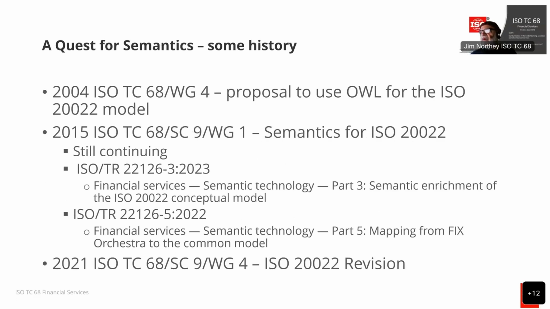We're finishing up our work there, and it's still trying to bring semantics into ISO 20022. I'm thinking that maybe some of the lessons learned and some of the sharings done on this slide, I'd like to take back, and it may actually help us to further along with this. But we're now in the process of starting to revise ISO 20022 again. But I'm not sure yet that the community is ready to take that semantic leap, if you will.